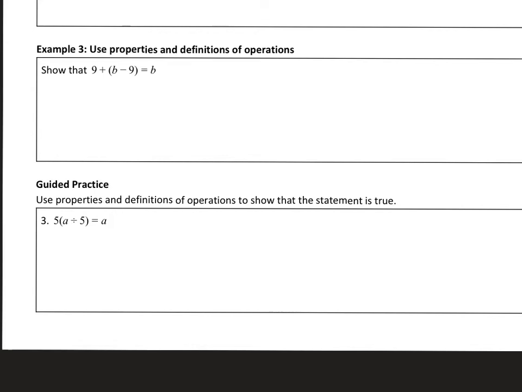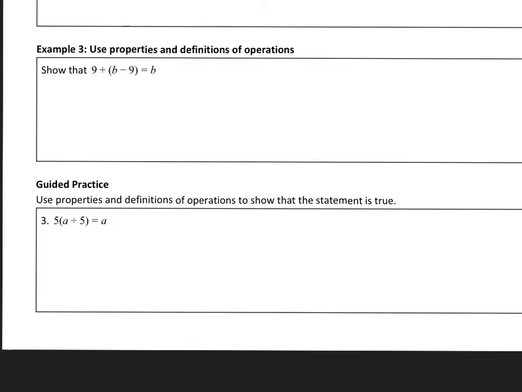So this example just shows how we can use properties to rewrite things and prove certain equations, okay? So with this example right here, show that 9 plus parentheses b minus 9 is equal to b. So a couple things we can assume here. One thing we can assume, at least, is that we can always rewrite subtraction as addition, which is kind of nice.